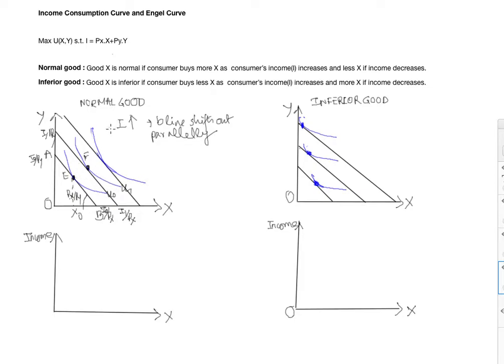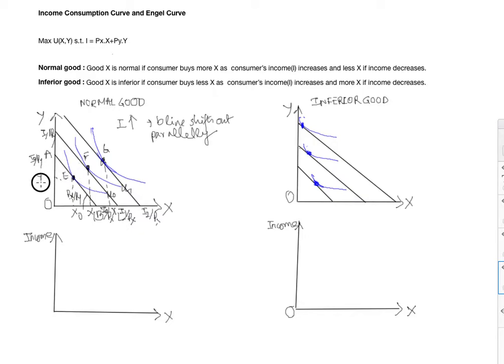Similarly, for further increases in income, the budget line will shift out again in a parallel way since price is not changing. This third, uppermost budget line corresponds to an even higher income level, let's say I2, and we have a new equilibrium. Note what is happening to the consumption of X. It is increasing.